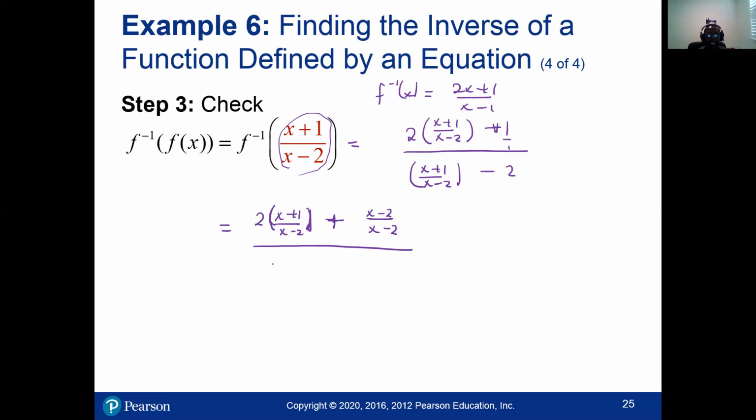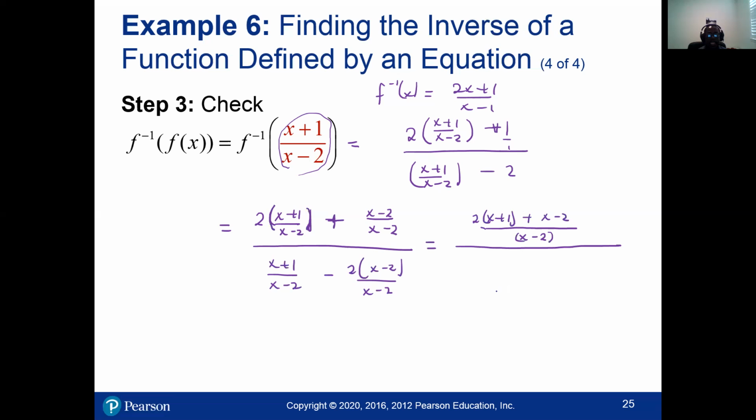And then for the denominator, we have x plus 1 over x minus 2 minus 2 times x minus 2 divided by x minus 2. Okay, so that we have a common denominator. And what would that be? If I look at the numerator, the common denominator is x minus 2. Then the numerator becomes 2 times x plus 1, and then plus x minus 2.